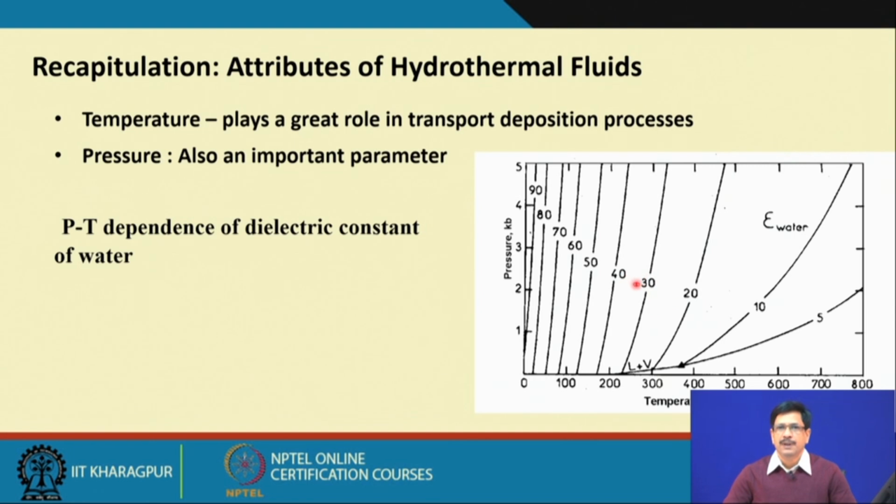So we would expect that as the temperature increases, most of the electrolytes will be in their associated form, and the concentration of the dissociated species will decrease, and that will have some consequences in the crustal fluid.